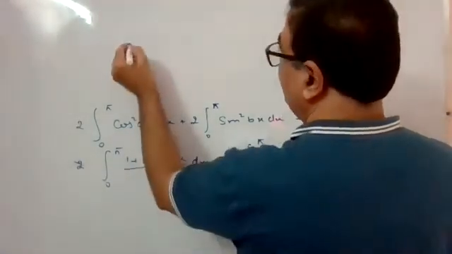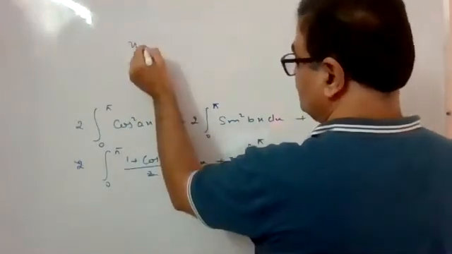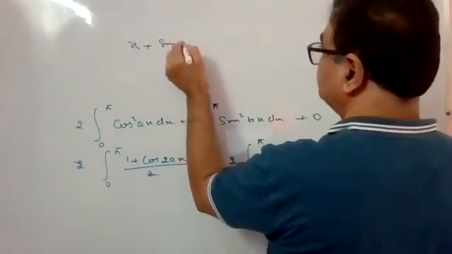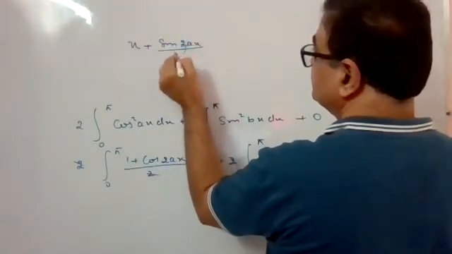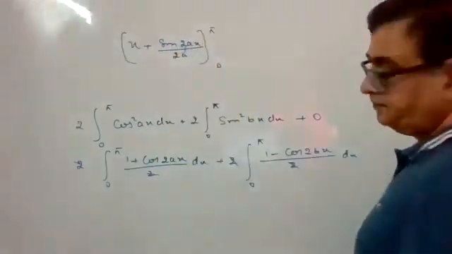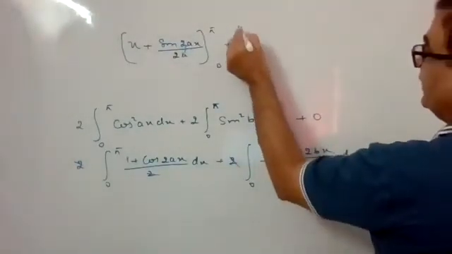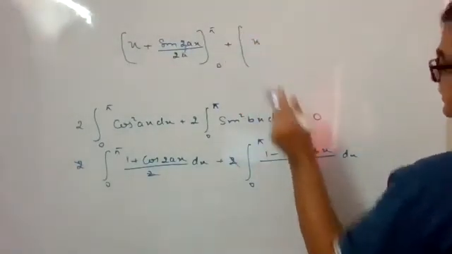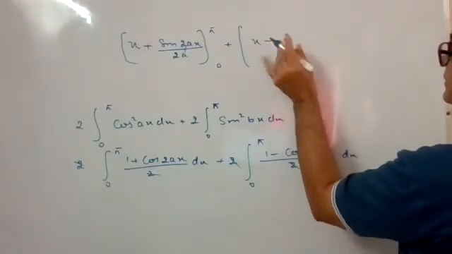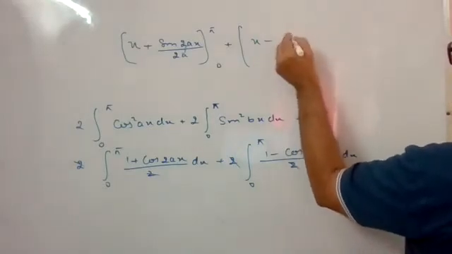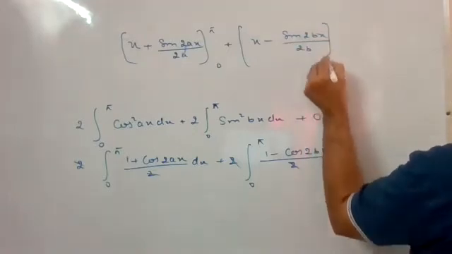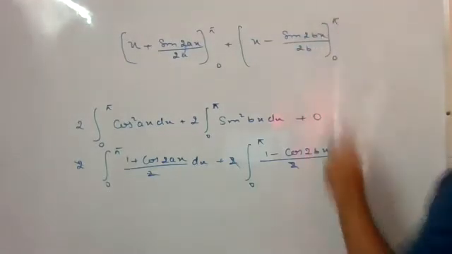Now I'll integrate: integral of 1 is x, integral of cos 2ax is sin 2ax by 2a, and the limit will go from 0 to pi. Same way here, integral of 1 is x, and for cos 2bx, that will be coming as minus sin 2bx whole divided by 2b, the limit going from 0 to pi.